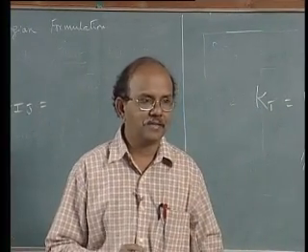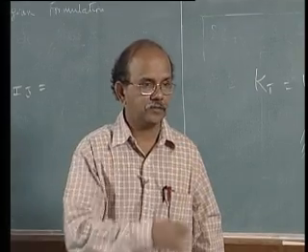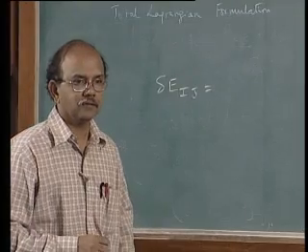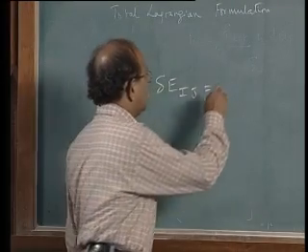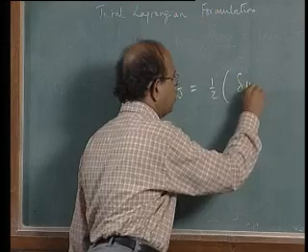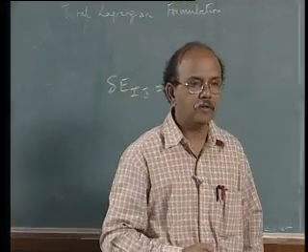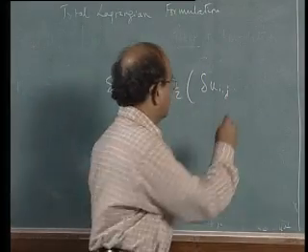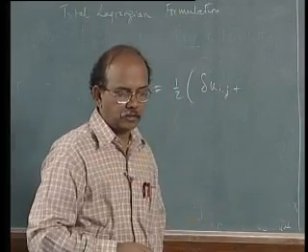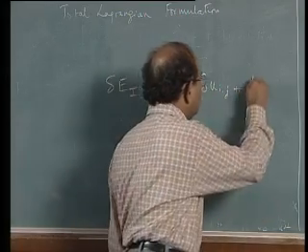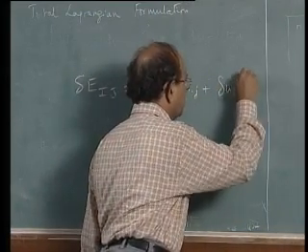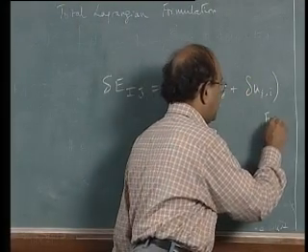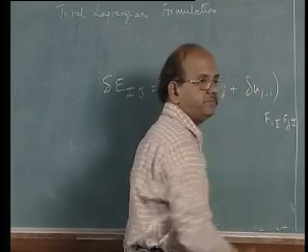So, delta Eij, we had written this some time back, right? So, how did I write it? Half of delta Ui comma j, or I'll add this and do the multiplication ultimately, delta Uj comma i, into fIi fJj.